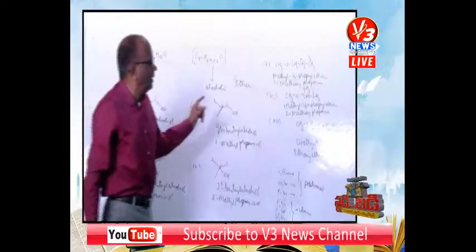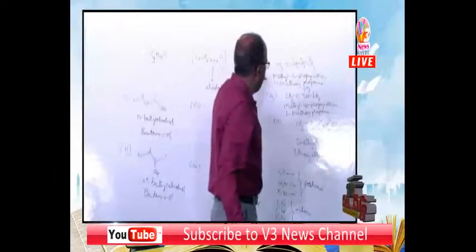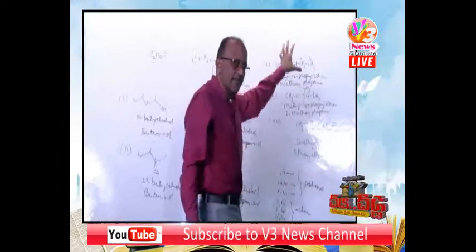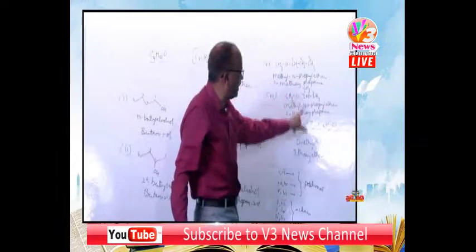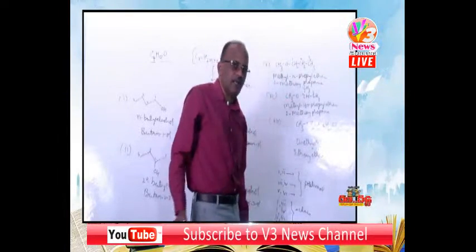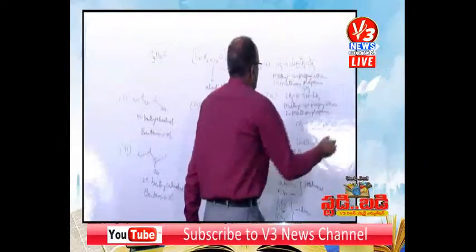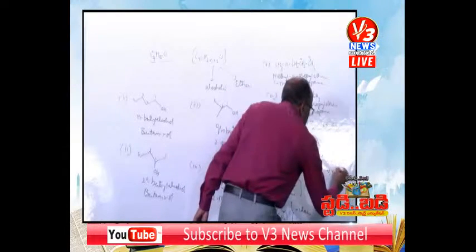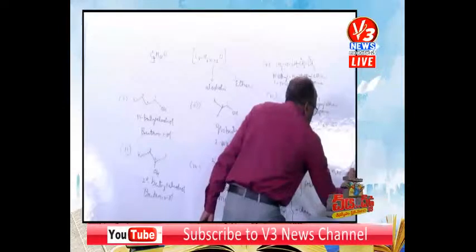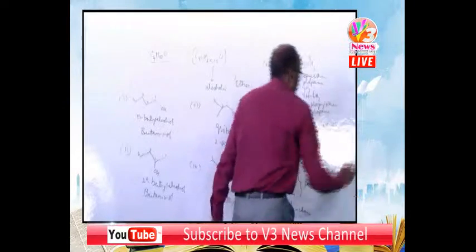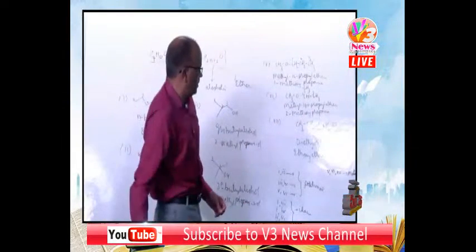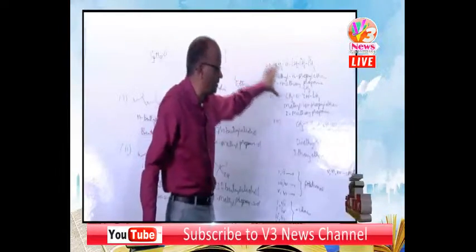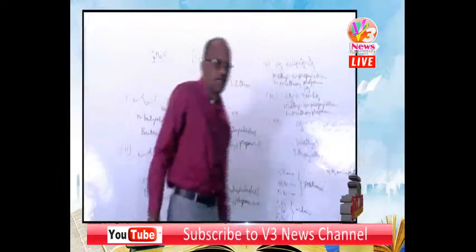Right. Now, if we take these 3, they have same formula, same functional group, but differ in nature of alkyl groups attached to functional groups. So, 5, 6, 7 are metamers to each other. If you observe these two, these are also positional isomers and also metamers.